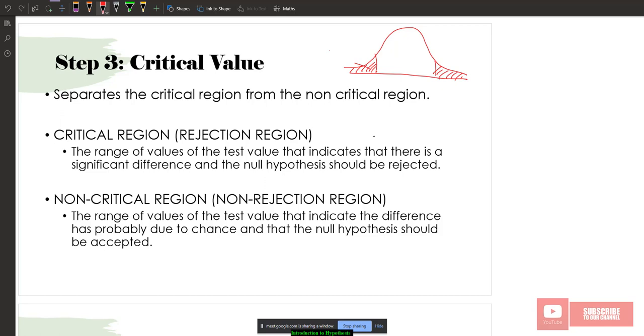This is the rejection region, this is the acceptance region, and this value is the critical value. This is also a critical value. It separates the rejection region and the acceptance region.